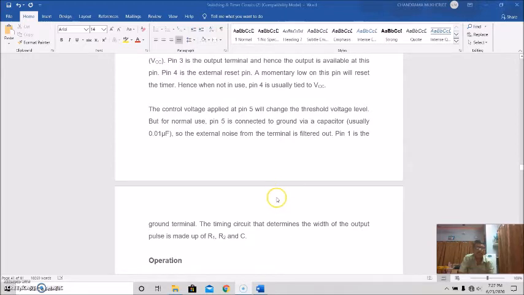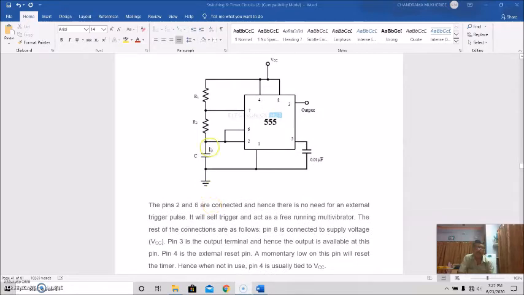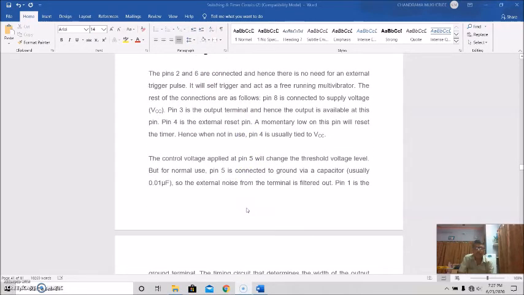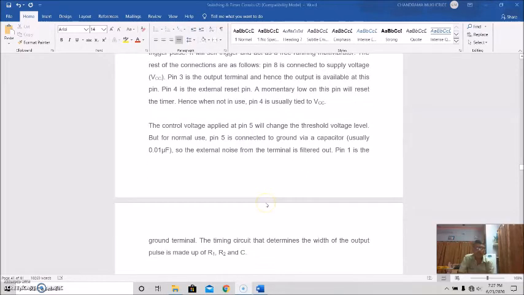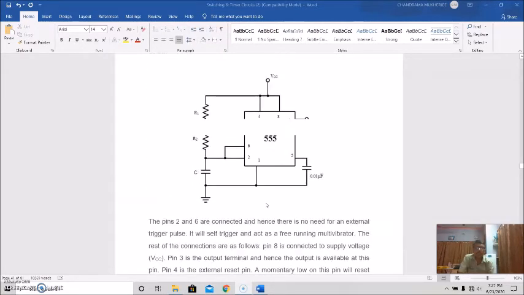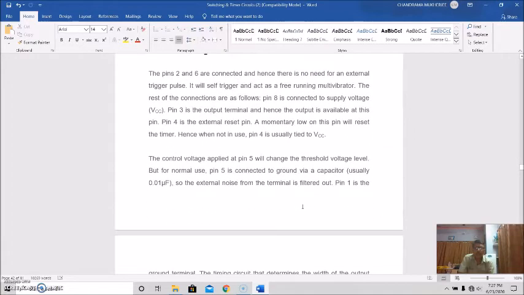The timing circuit that determines the width of the output pulse is made up of R1, R2, and C. So that is about the schematic of the 555 timer as an astable multivibrator.